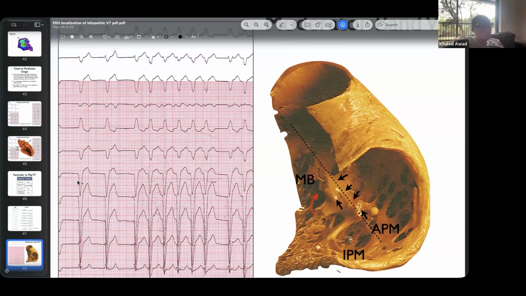But again, for idiopathic VTs, remember, they're not tied to scar. It's very superficial. It's a small group of cells. If you're in the right spot, you really don't need more than 40 watts, in my opinion. If you need more, maybe the location needs some adjustment.